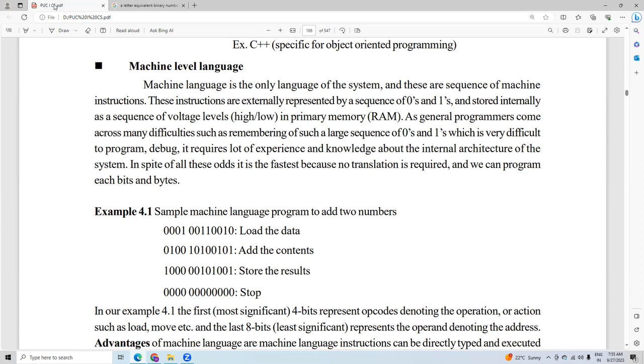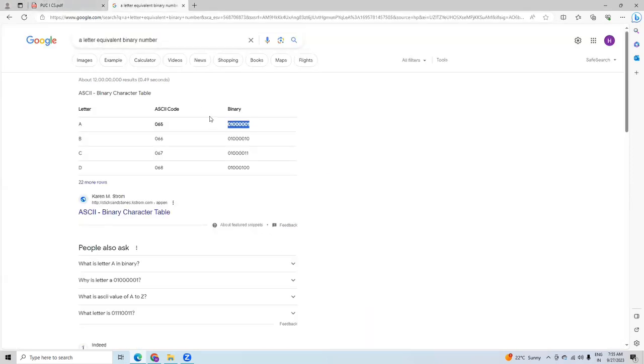And that binary digit will be saved into the memory, into the RAM, in the form of a sequence of voltage levels. So that means for writing a letter A, you can't write A or 65 in the binary language. You have to write this one.